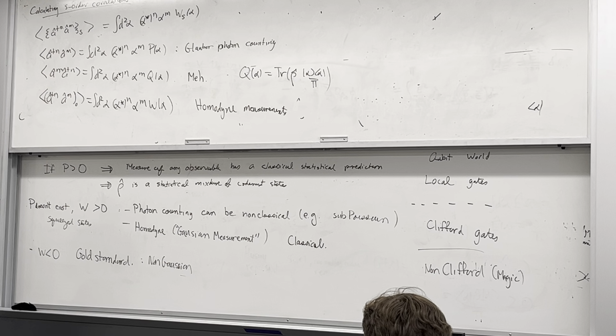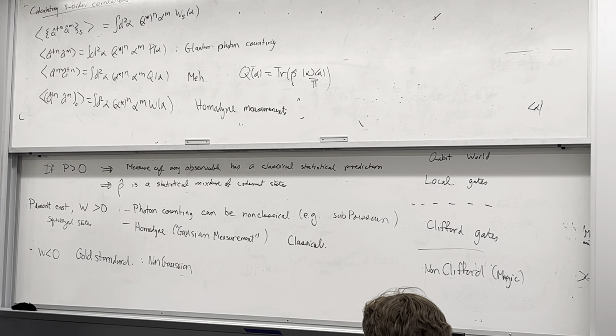well, there's a few things we'll learn. Firstly, the output state will be an entangled state. It will not be a product state of the modes anymore, in the same way that for the qubit world, Clifford gates create entanglement.